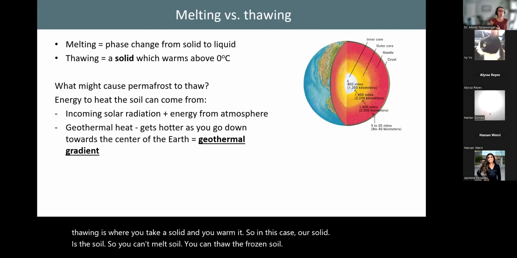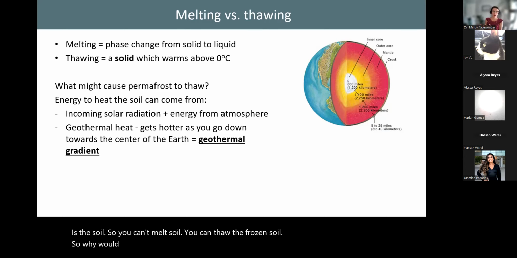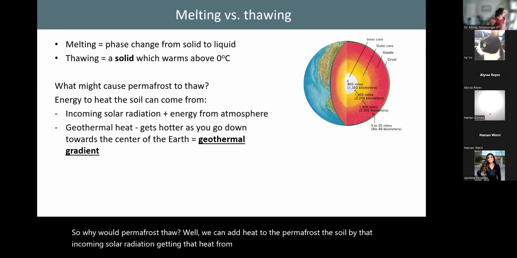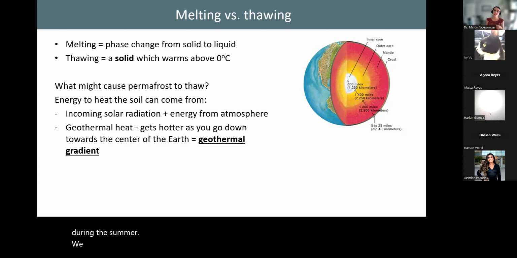So why would permafrost thaw? Well, we can add heat to the permafrost, to the soil, by incoming solar radiation, getting that heat from the atmosphere and our sun, especially during the summer. We also have heat coming from Earth's interior. That's known as geothermal heat.